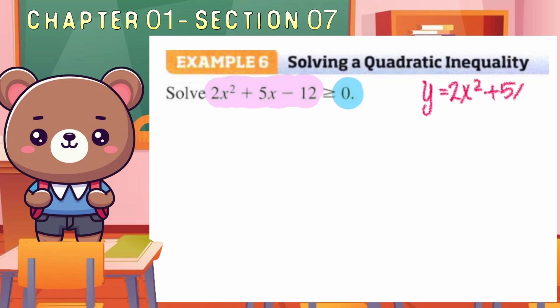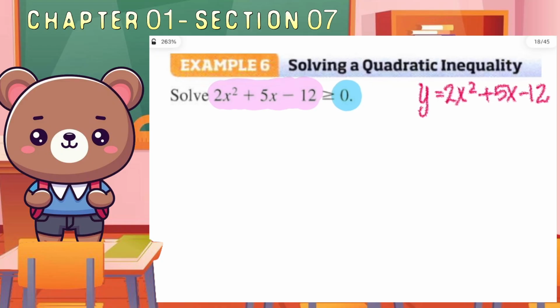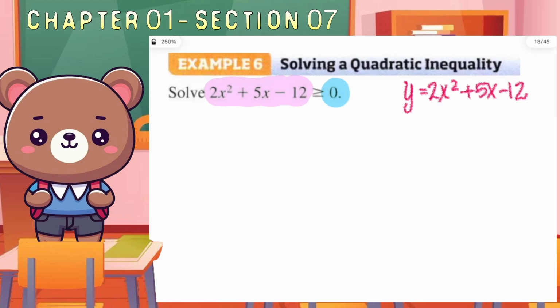I want you to have a visual, and y equals 0, and we're looking at this as a system of equations, as if they can be graphed on the same plane.